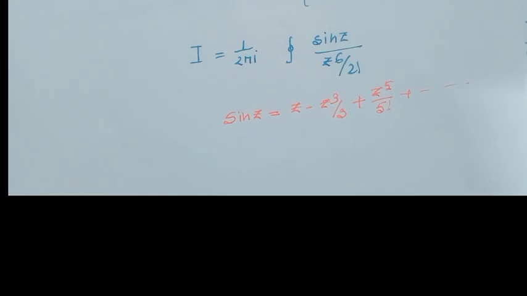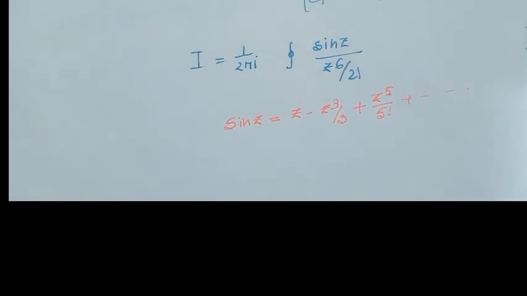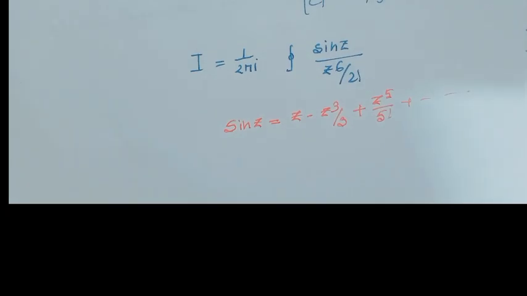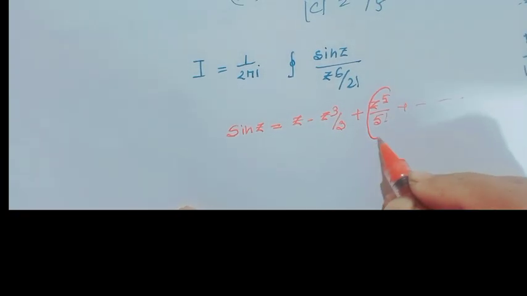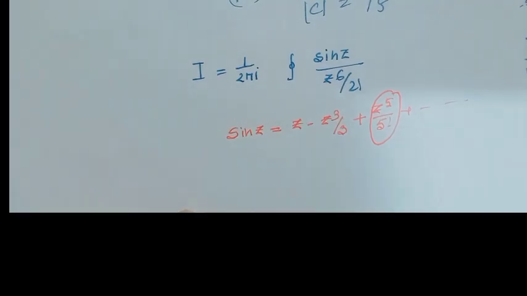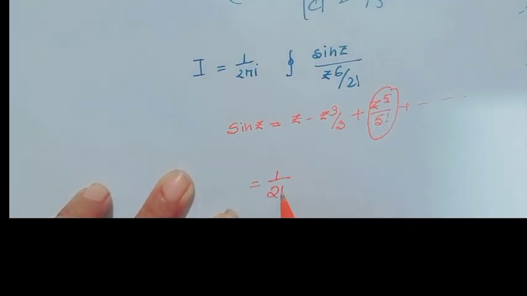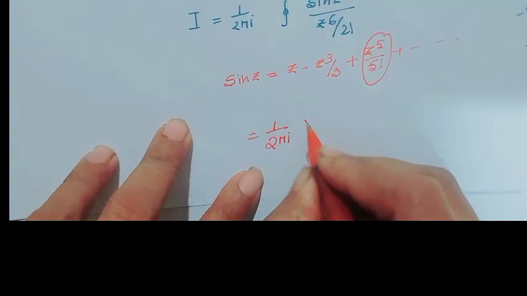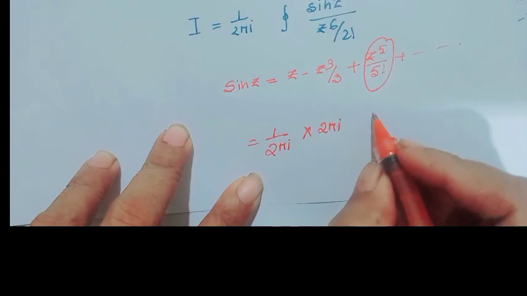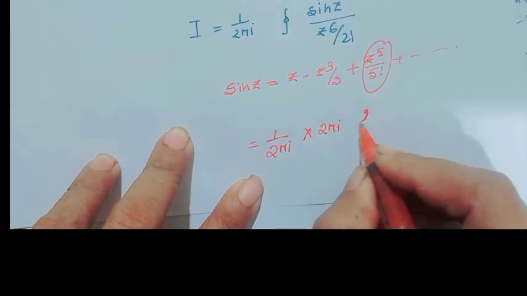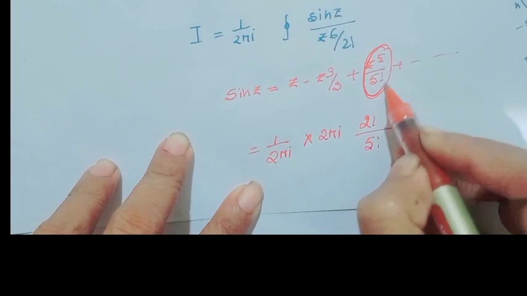Therefore, the coefficient of 1 over z would be, when z to the power 5 over 5 factorial, then 1 over 2 pi i, this value of the integration is 2 pi i, 2 factorial over 5 factorial, because this is the coefficient of 1 over z.